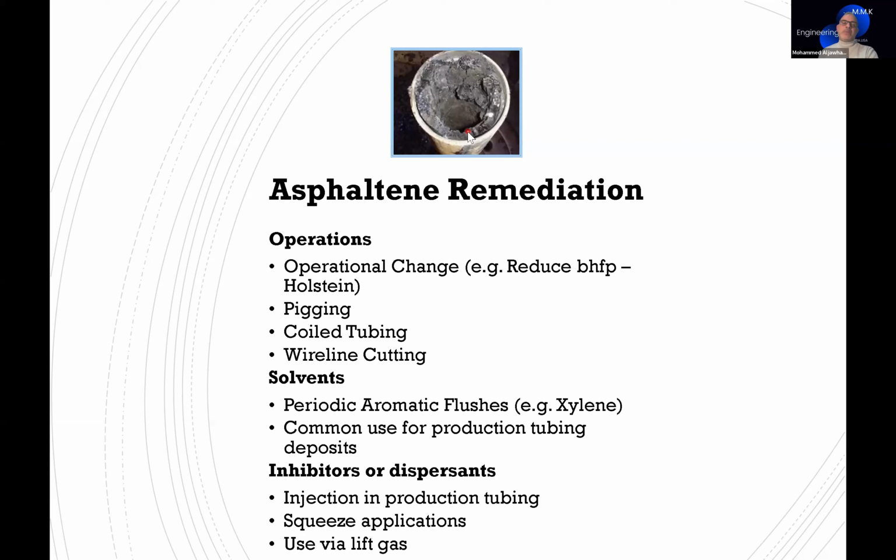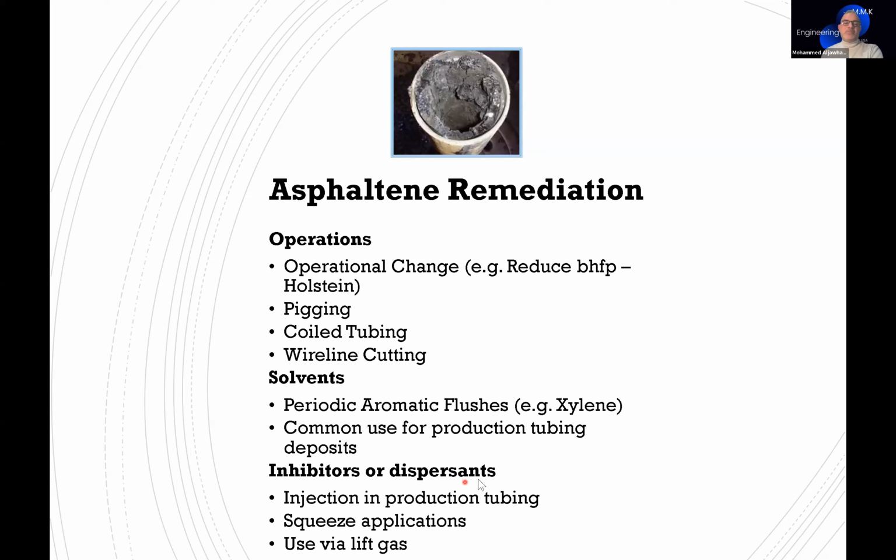Wireline cutting, maybe you can run a gauge cutter to remove this asphaltene which is precipitated inside the wellbore. We can do a chemical action to remediate this asphaltene by periodic aromatic flushing, xylene for instance, commonly used for production tubing deposits. So this xylene is a common way to use.